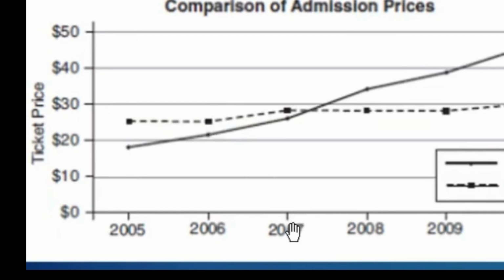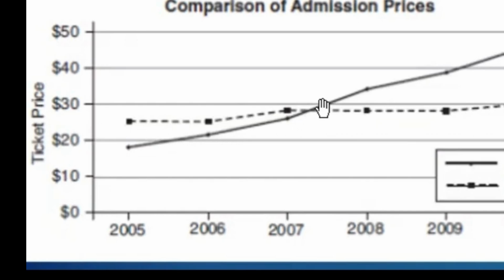Then we can move over to 2007, and we follow that point over, and we can say that in 2007, the ticket price increased from 22 to around 27.